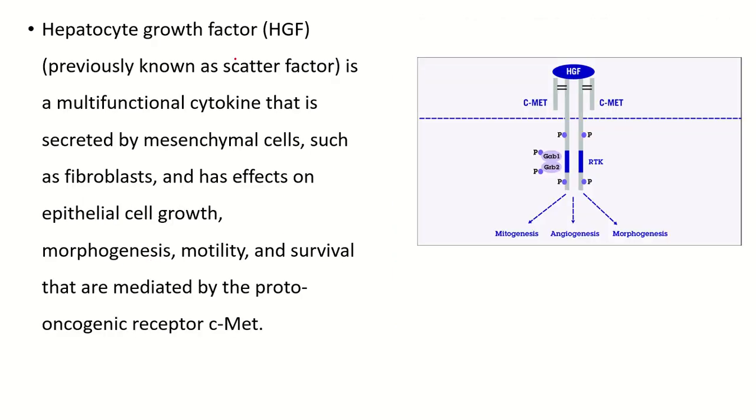Hepatocyte growth factor, previously known as scatter factor, is a multifunctional cytokine secreted by mesenchymal cells such as fibroblasts. It has effects on epithelial cell growth, morphogenesis, motility, and survival that are mediated by the proto-oncogenic receptor c-MET.